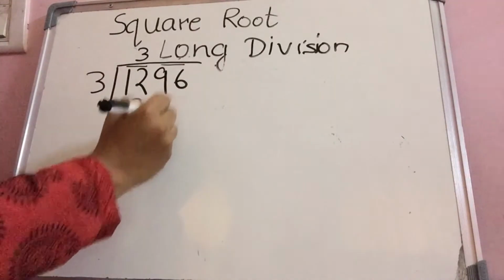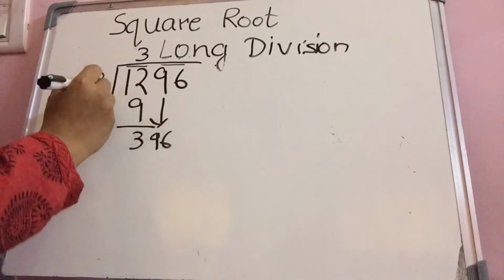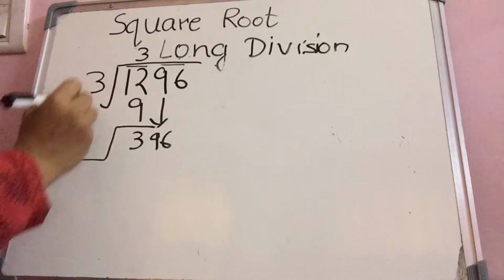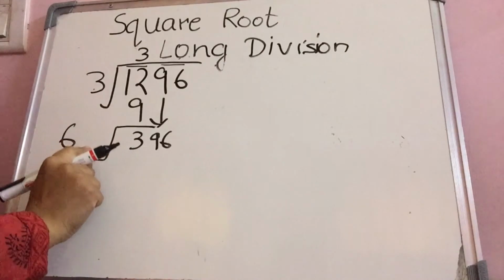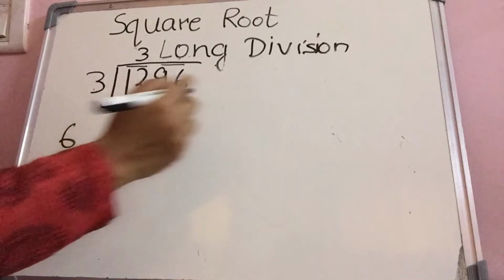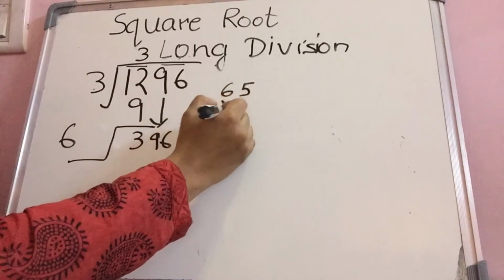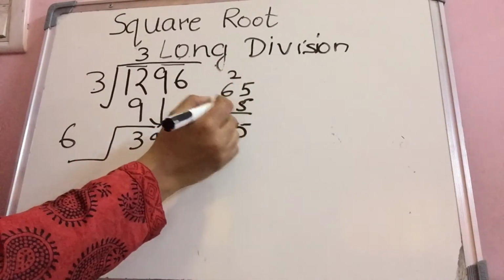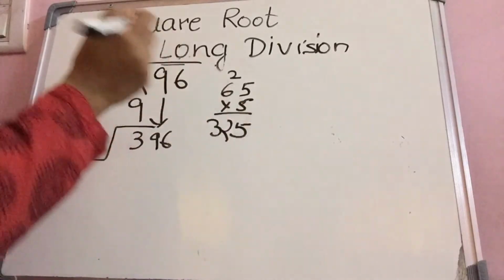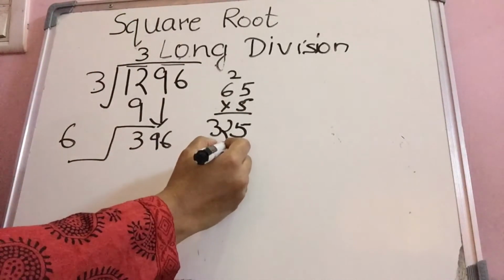We'll bring down the 2 numbers here, we'll add them. 3 plus 3 is 6. And whatever we take, we'll write at the unit place. If we take 5, 65 into 5, that is 5, 2, 32. It is a small number.